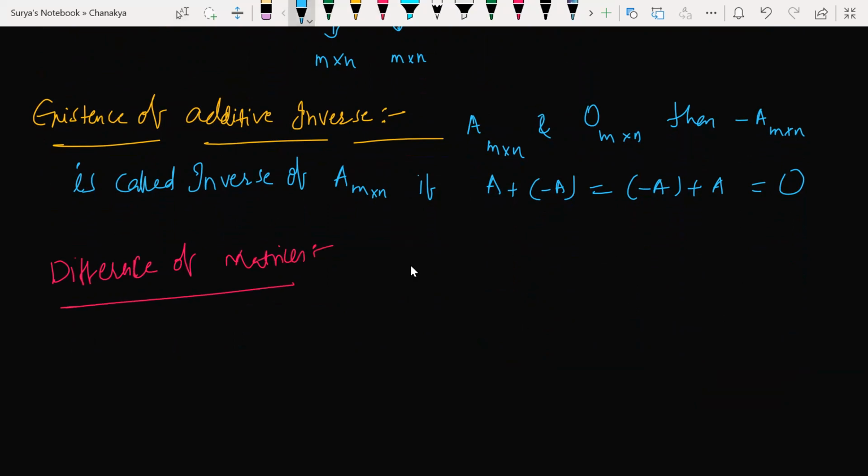Basically, if I have two matrices, subtraction of, look at this, A minus B. If at all I have A m by n and B m by n, if I do A minus B, you will get an answer, right?